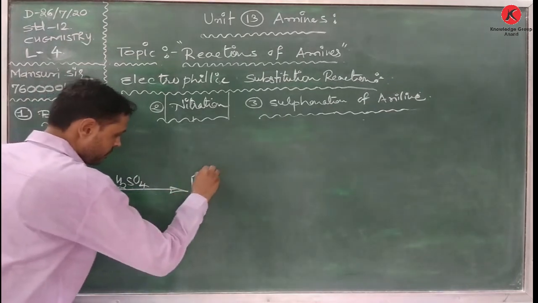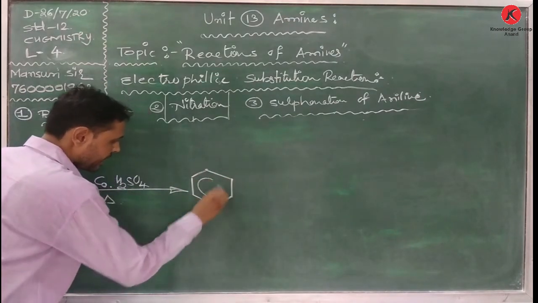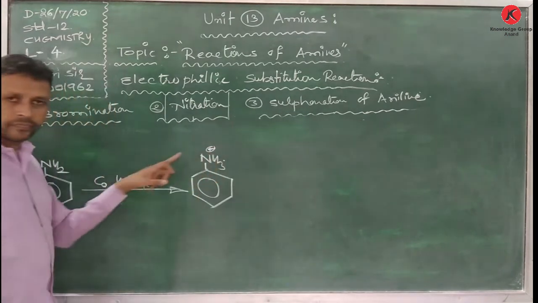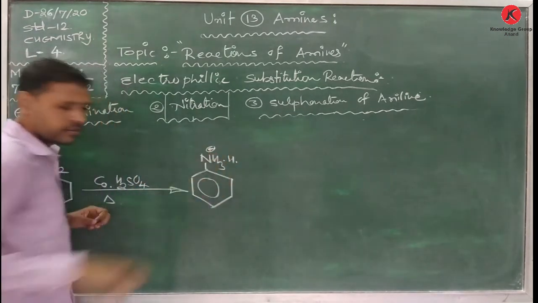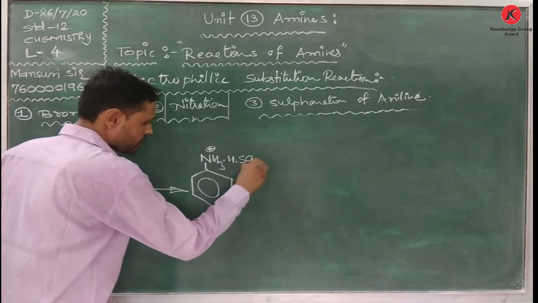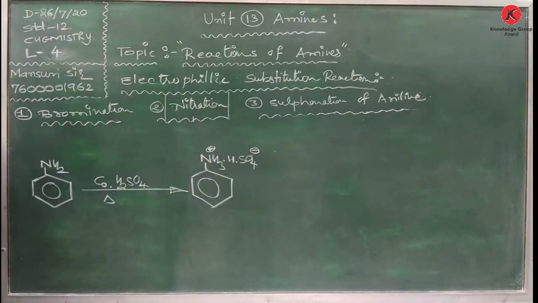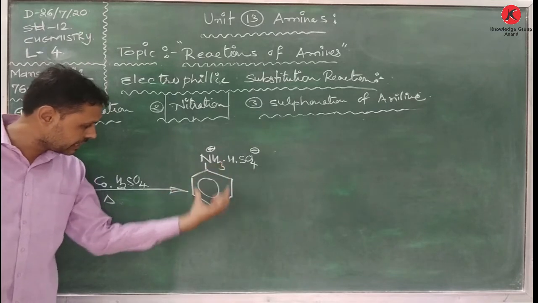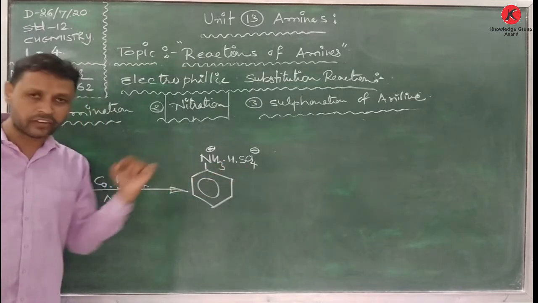So anilinium hydrogen sulfate is formed. What is the name of this compound? This is anilinium hydrogen sulfate.